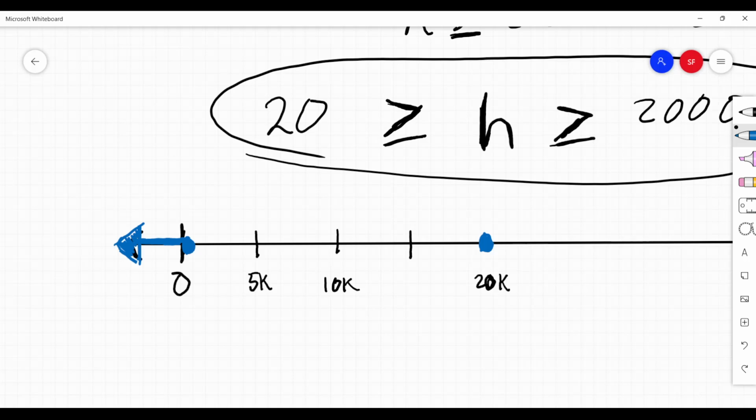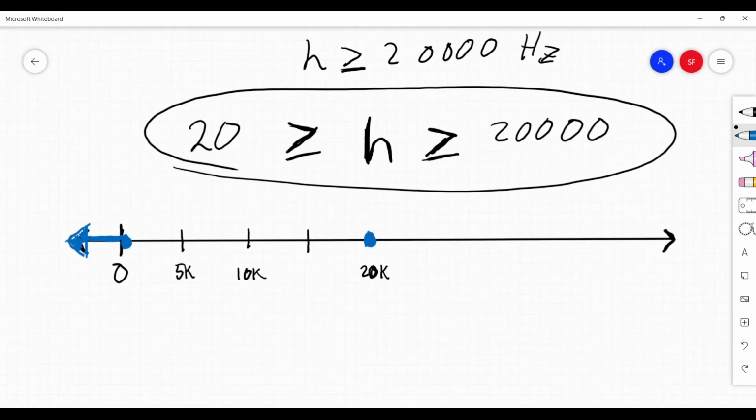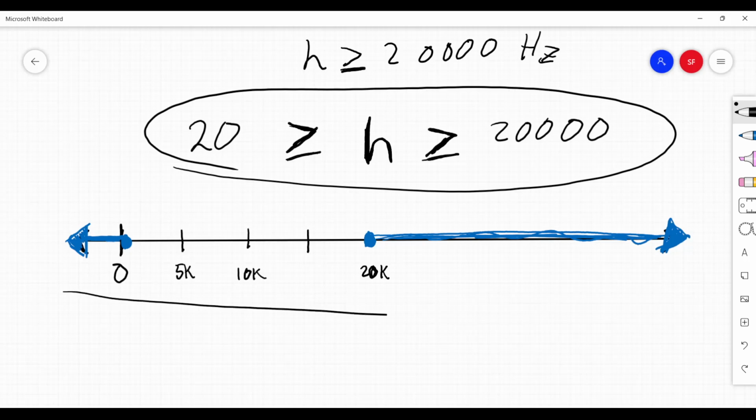And it's greater than 20,000, so it goes this way. You don't connect the dots. And so that, damas y caballeros, is your answer to that problem. Any questions on that problem?